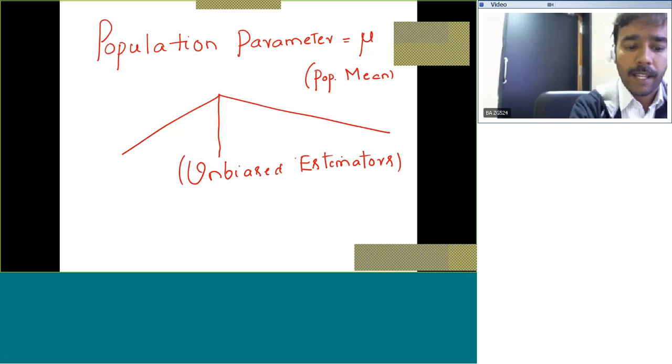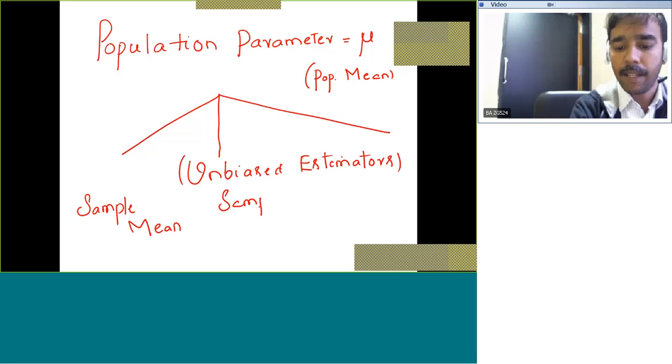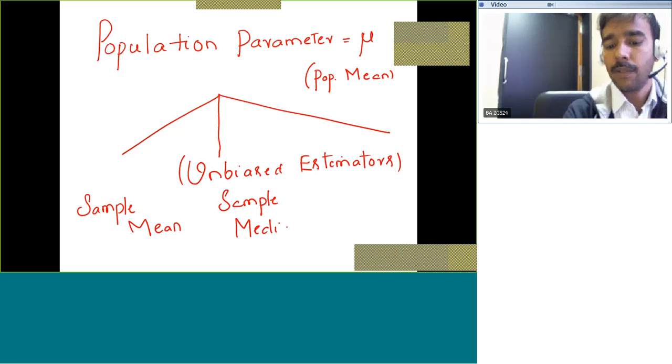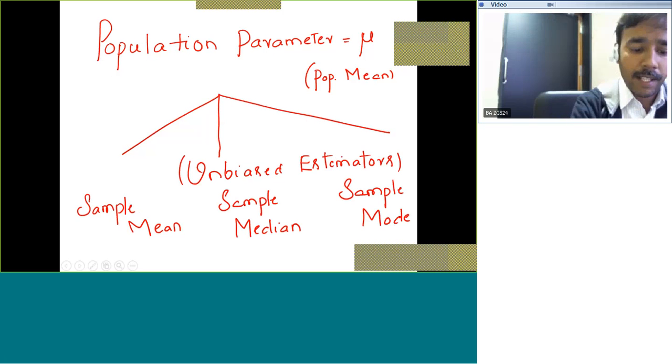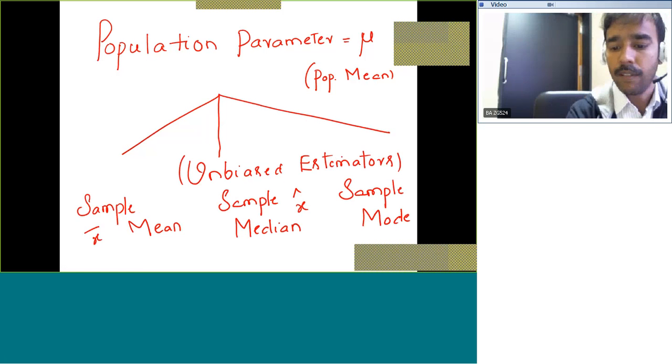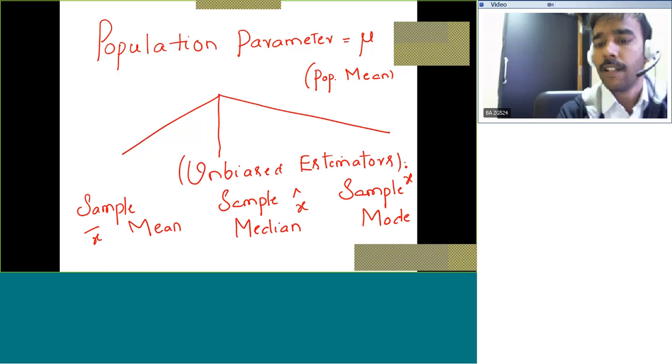Maybe my sample mean is an unbiased estimator, maybe a sample median, maybe also a sample mode. I'm denoting the sample mean as X bar, the median as X crown, and the mode as X dot.